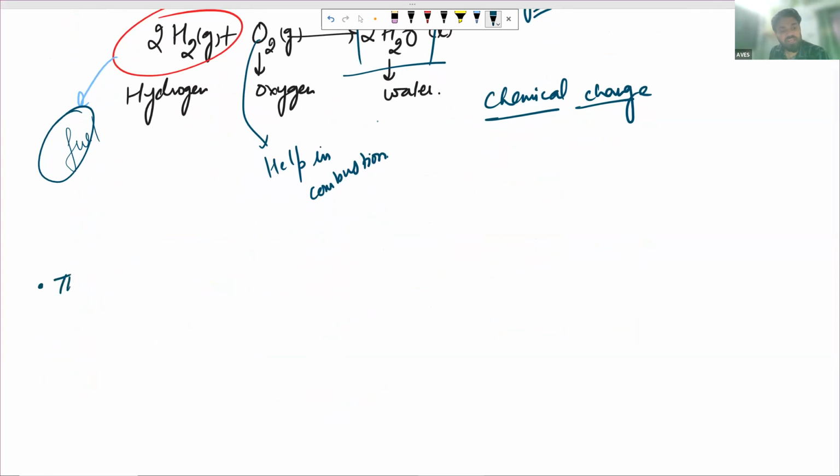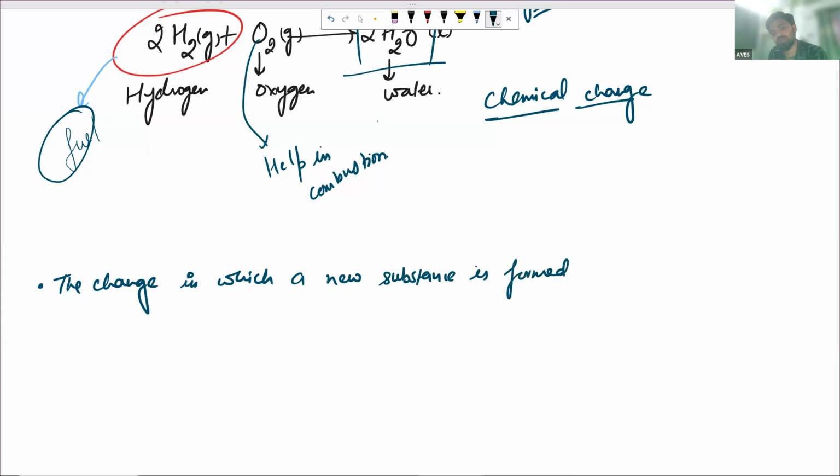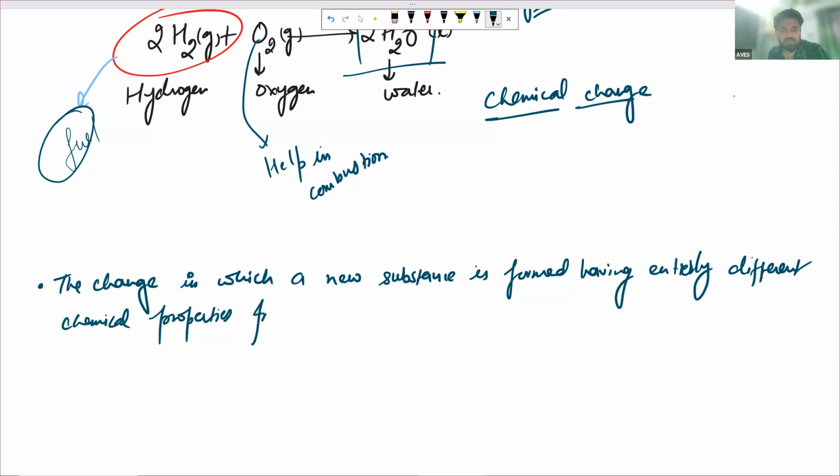So we say: the change in which a new substance is formed having entirely different chemical properties from its constituents. Okay, please note it down.